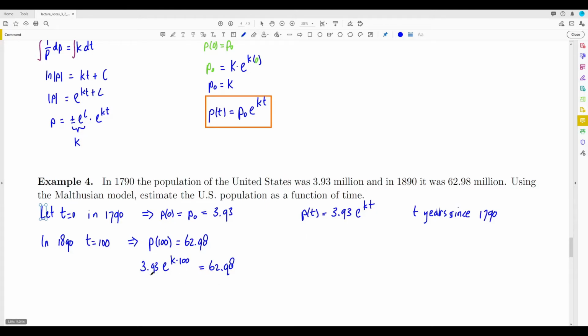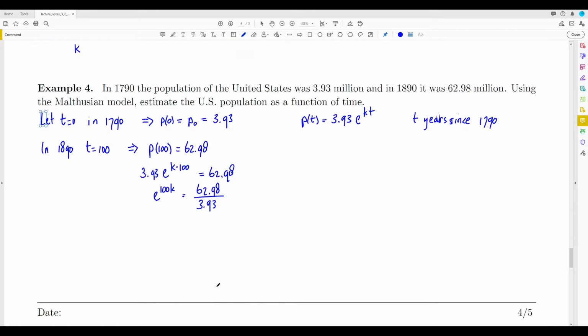So now I can divide both sides by 3.93, and then I get e to the power 100k equals 62.98 divided by 3.93. Then I take the natural log on both sides. I get 100k equals ln of 62.98 over 3.93.